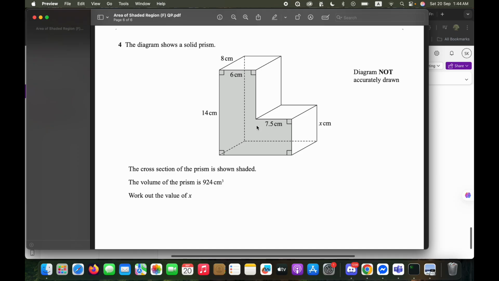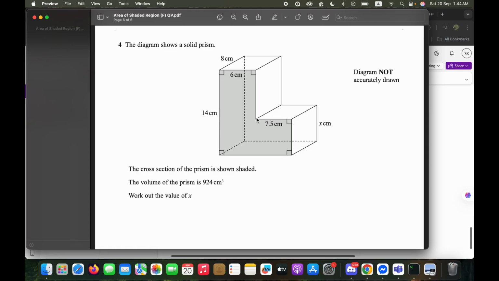Okay. So to find X, I have to calculate the entire volume of the prism and match it with 924 so that we can find out the value of X. In order to find the entire volume of the prism, I will focus on these two parts.